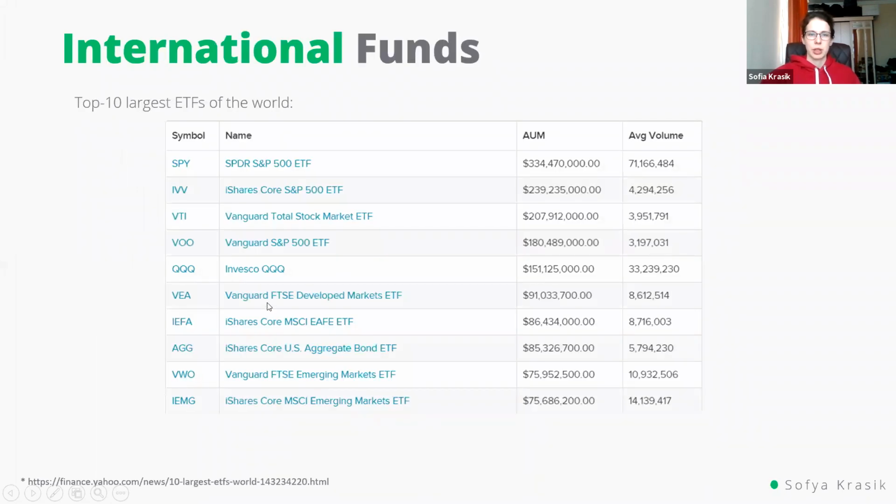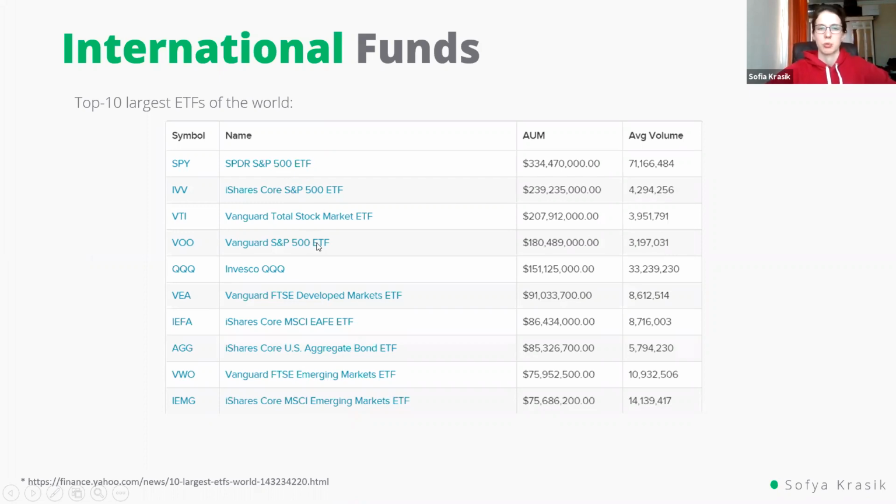Here you can see the list of the largest ETFs of the world. You see that definitely most of those funds are tied to some index. Most popular indices, number 1, 2, and 4 at least, are funds tracking the S&P 500 index.